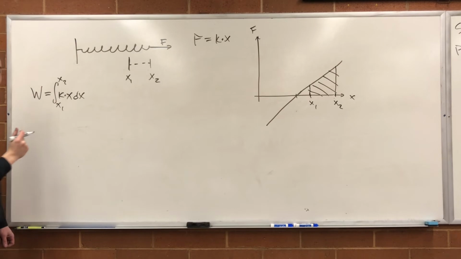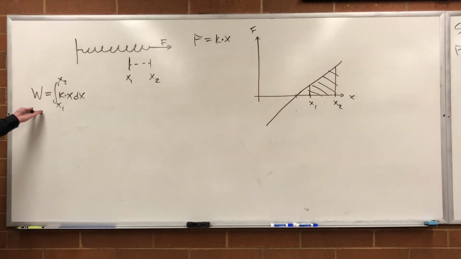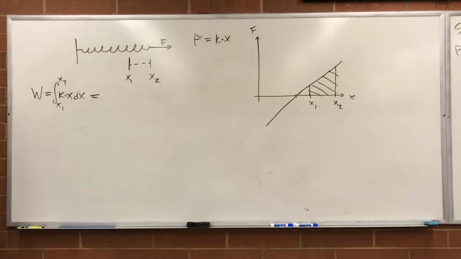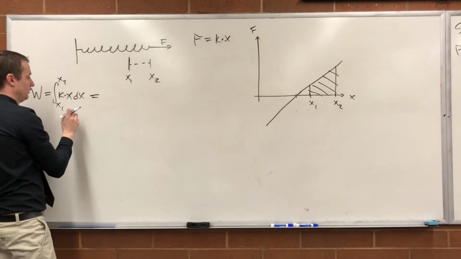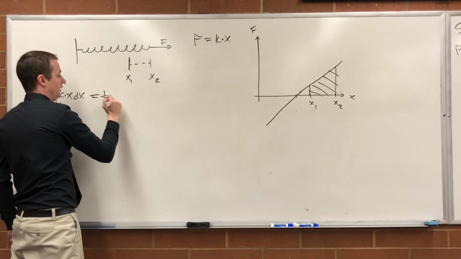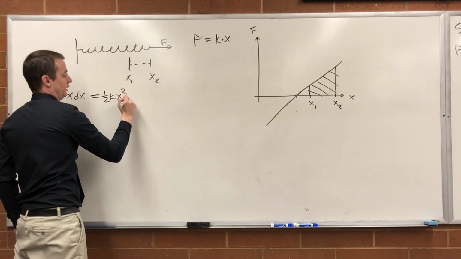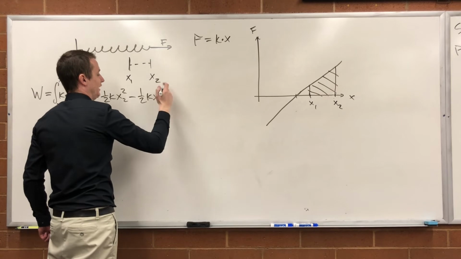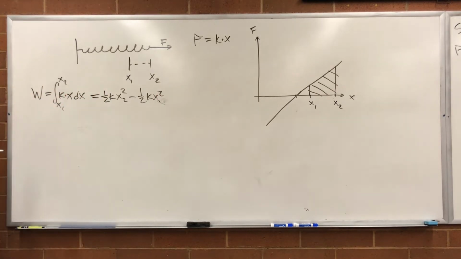So constant times x squared over 2, so it's going to be x squared over 2 times k, or 1/2 k x2 squared minus 1/2 k x1 squared.